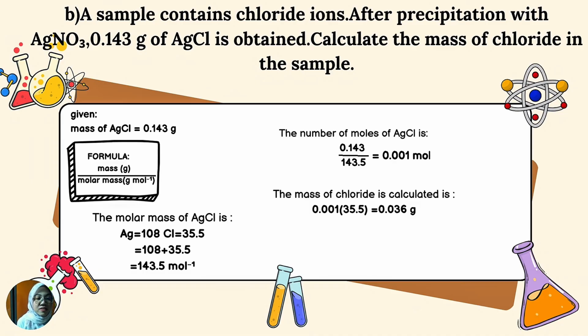The given mass of AgCl is 0.143 g, the molar mass of AgCl is 143.5 g mol^-1, and the number of moles of AgCl is 0.001 mol. Lastly, the final answer we get is 0.1036 g.